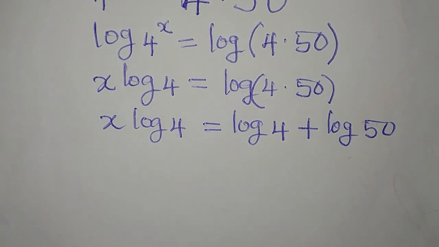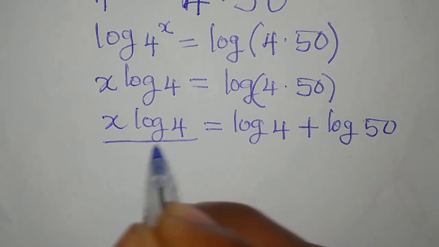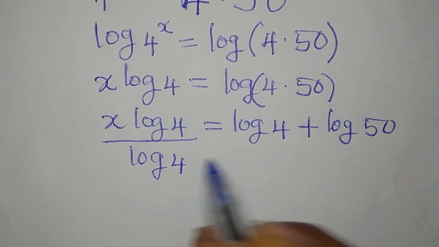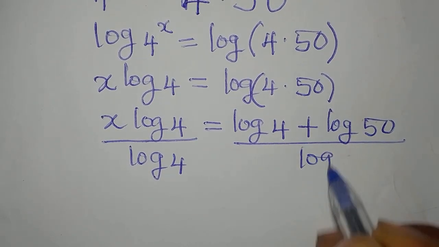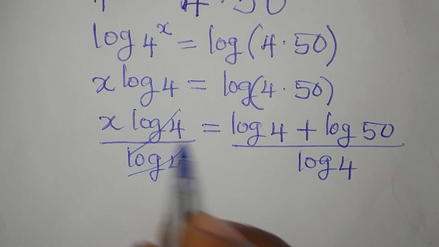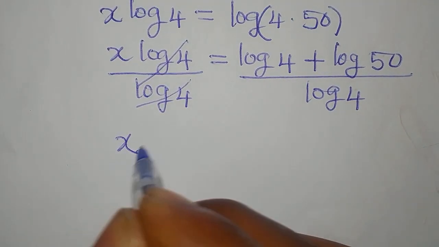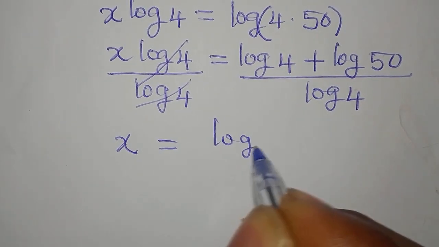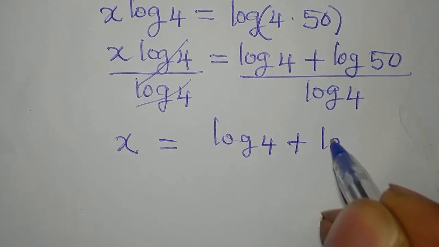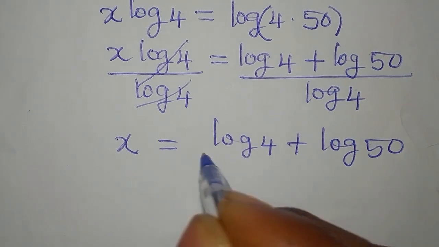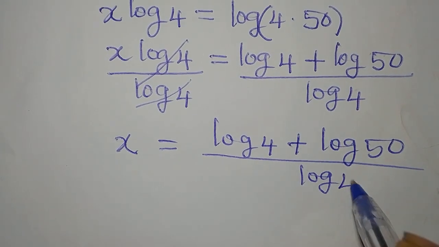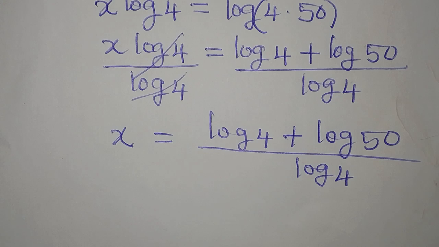So the best thing to do now is to divide both sides by log 4, the whole of this by log 4, so that this will take this out. If that happens, x will be equal to log 4 plus log 50 over log 4. Okay, that's what we'll have on the other side.